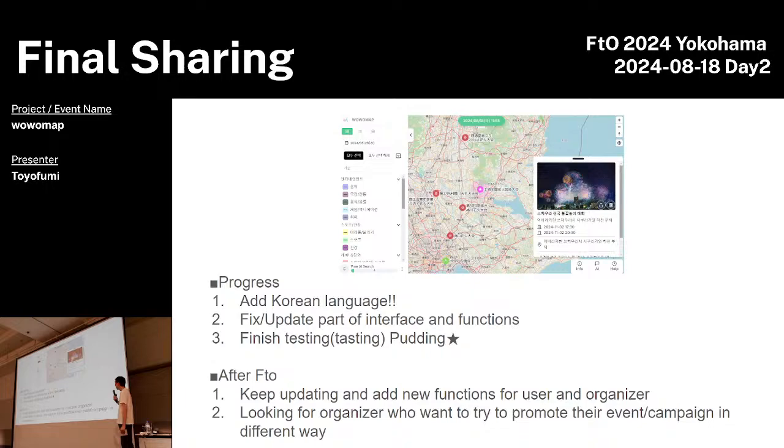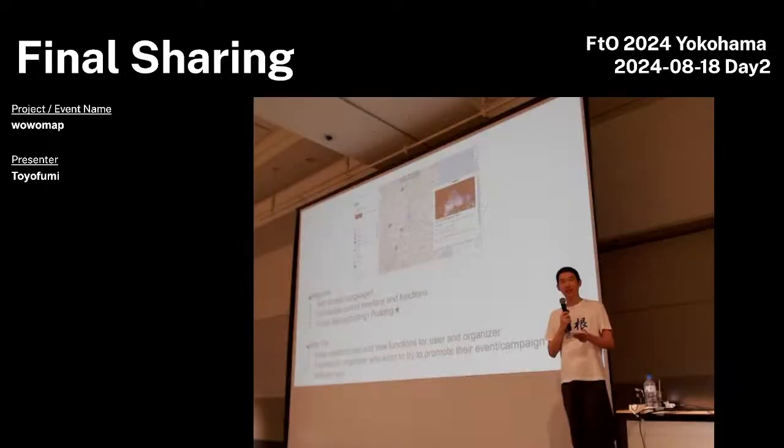And for organizers, it's for those who want to try to promote their events in different ways. If it's hard to update or work hard on SEO, they can try to upload their events on maps.